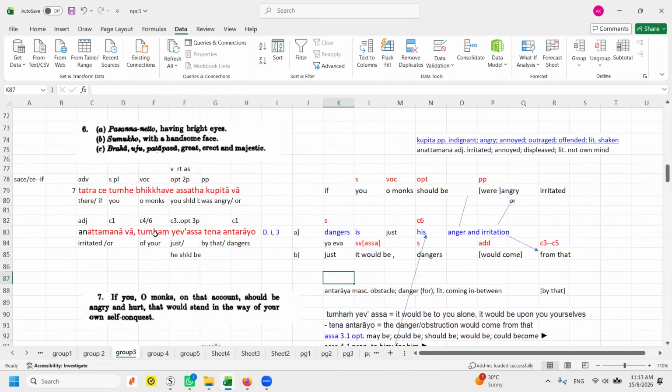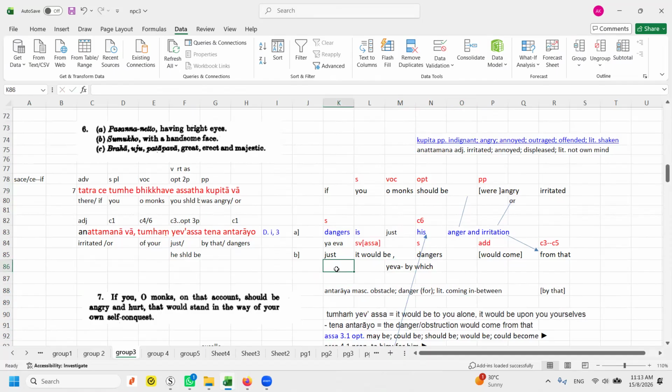Okay, so the eva, by which? Can you see the danger here?